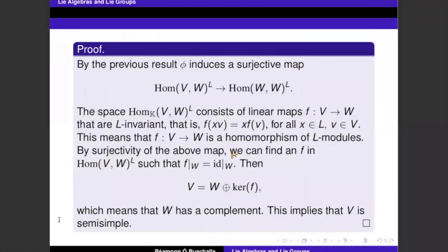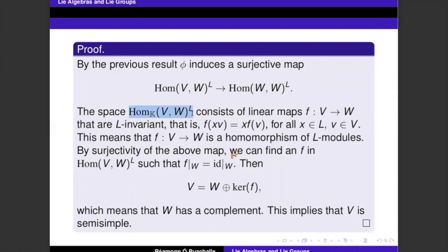But if we've got a homomorphism between these two Hom spaces considered as L module maps, that means that the Hom(V,W)^L is mapped surjectively onto Hom(W,W)^L. That was the second part of the previous lemma. But what does this look like here?